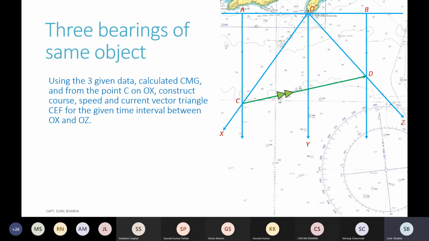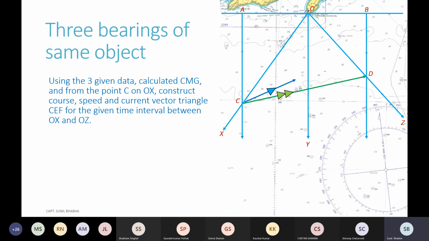So let's first draw our leeway track. You can see the blue color vector on the screen now, which represents the leeway track. Let's mark it with a single arrow. That's the symbol for leeway track or course steered. Now, the second item which is usually given to us is the current.